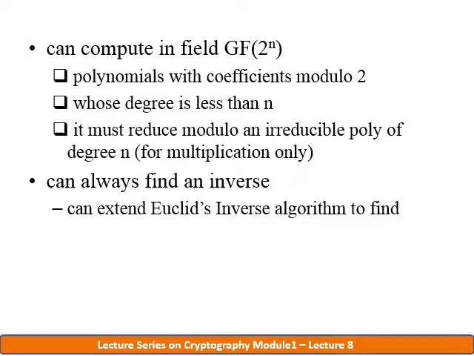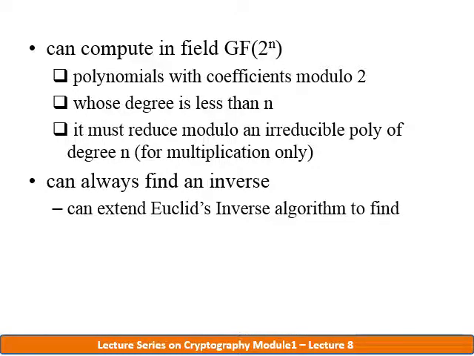So we can compute a Galois field of 2 to the power of n. We have just seen an example, 2 to the power of 3. So how can we compute that? There are some instructions we need to follow in order to construct it. Polynomials with coefficients modulo 2, and the polynomial degree is less than n. Whatever polynomials we get should have degree less than n.